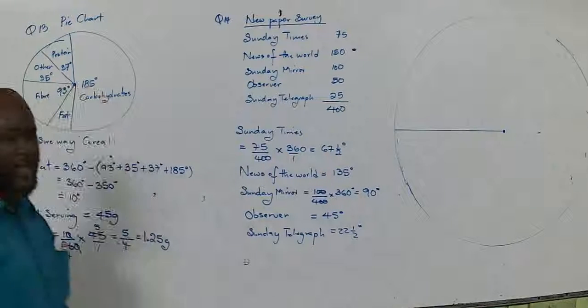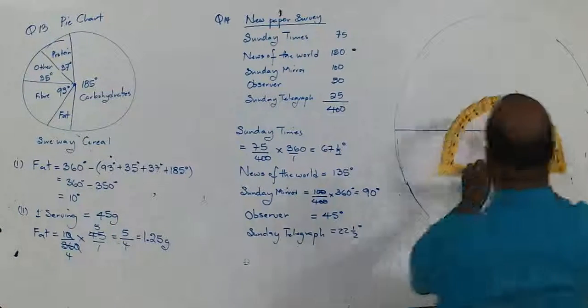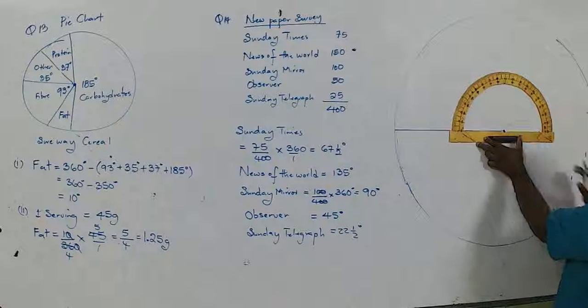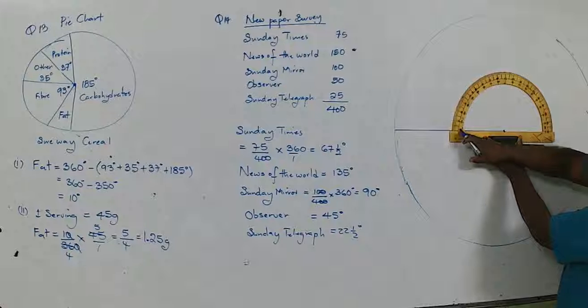Then I'm going to put on each sector, starting with the smallest one. Which angle is the smallest one? 22.5. Let's put that in. Can you see that zero out here? Yes, sir.